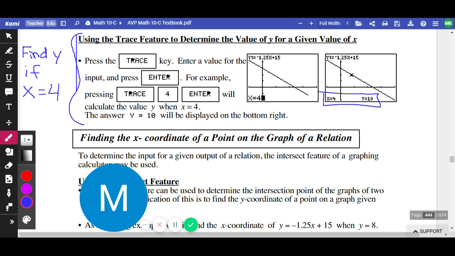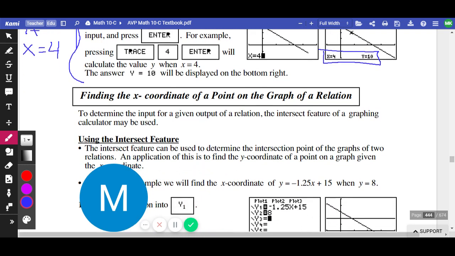And on the bottom of your little screen, it now tells you that when x equals 9, y equals some decimal, what is it? 2.75? 3.75. Right, so you could do that really quickly, which is kind of handy. That's the easiest one we do. Given an input, really easy to find an output. Trace, number, enter.